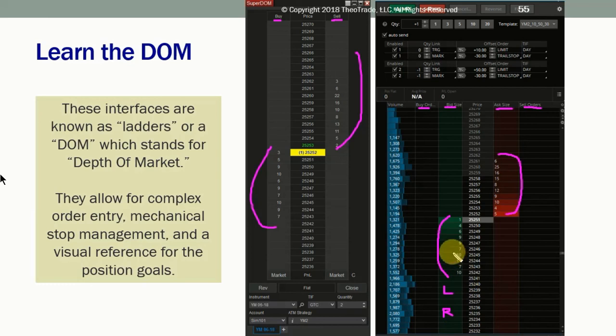If you placed a left click, it would put in a limit order. If you put in a right click, it would put in a stop order, and you had to know which one was where. Otherwise, you'd be immediately filled when you didn't want to. And so it was very difficult.